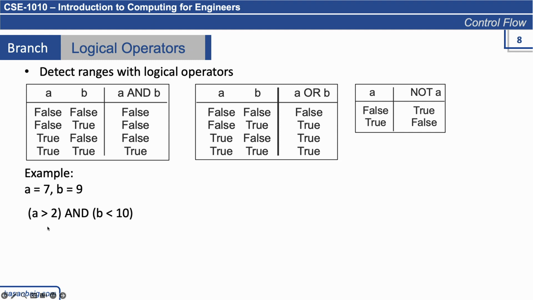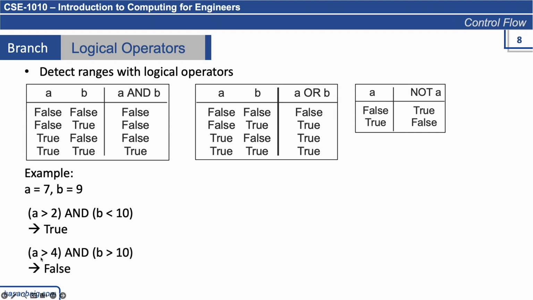It returns the value true or false. That true or false becomes the left operand of this AND logical operator. A is greater than 2 satisfies this condition, so it returns true. B is less than 10 is also true, so both inputs are true and the output is true.